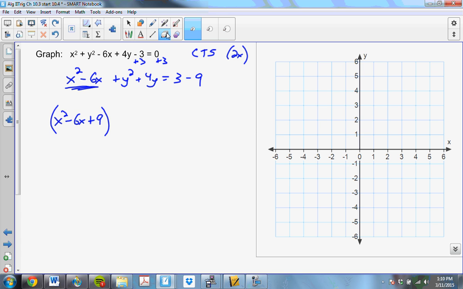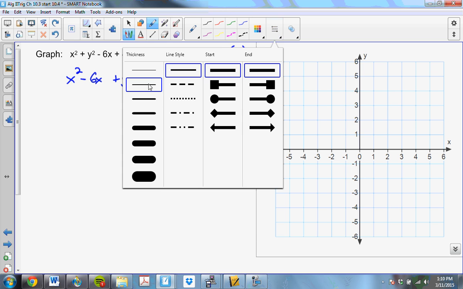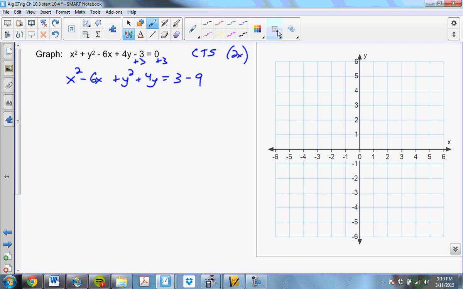I'll go a little bit slower actually. This right here is one of my b values. I have a b value of negative 6 from this. Then b over 2 is negative 3, and b over 2 squared is going to be 9.